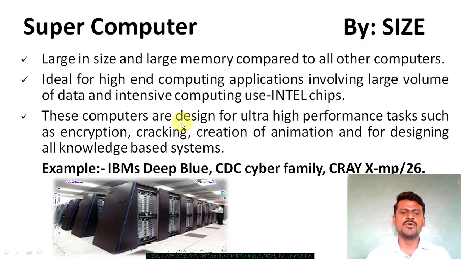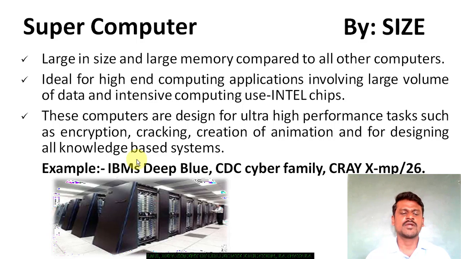Next, these computers are designed for ultra high performance tasks such as encryption, code cracking, creation of animation, and for designing all knowledge based systems. Means you can design anything using the computer, provided it has high speed.